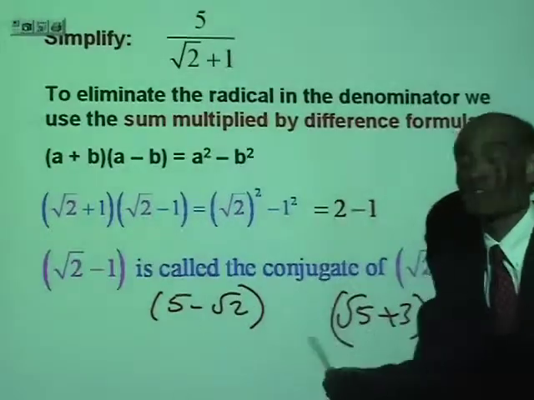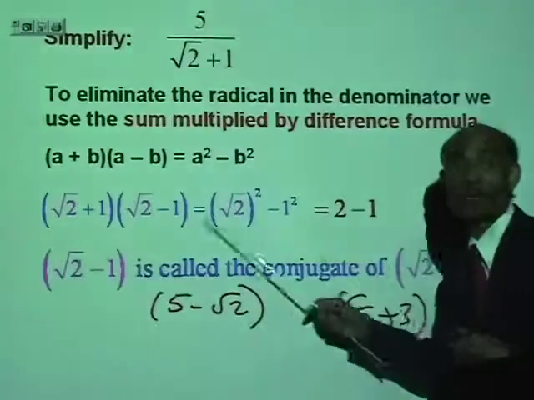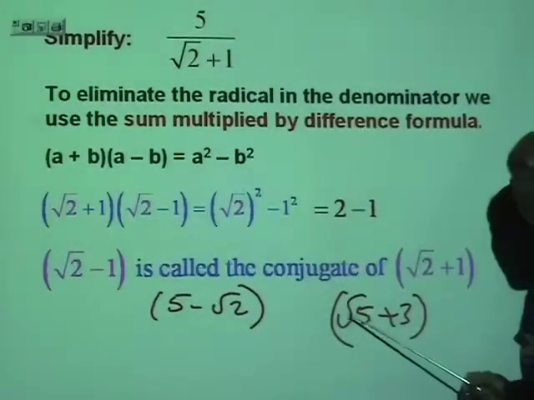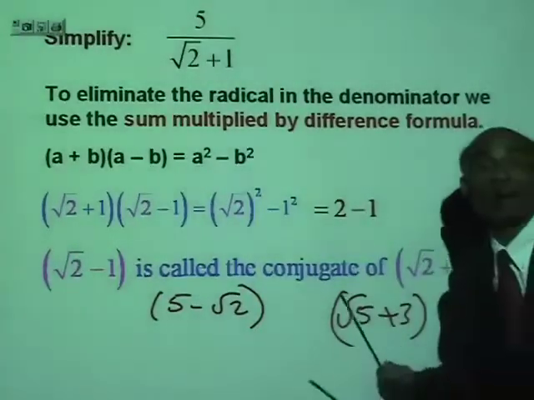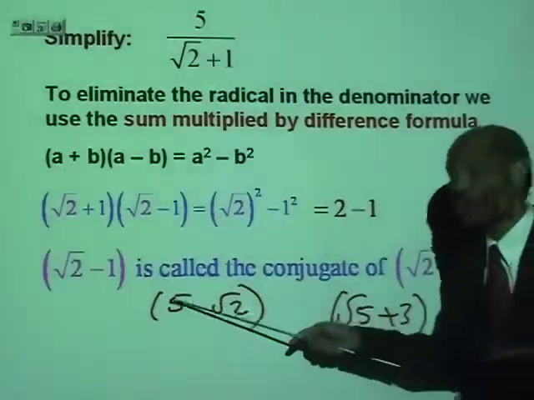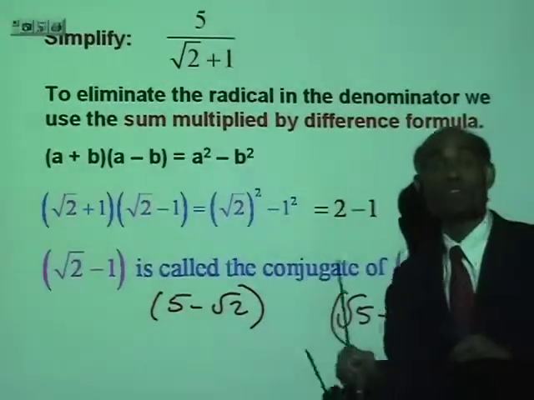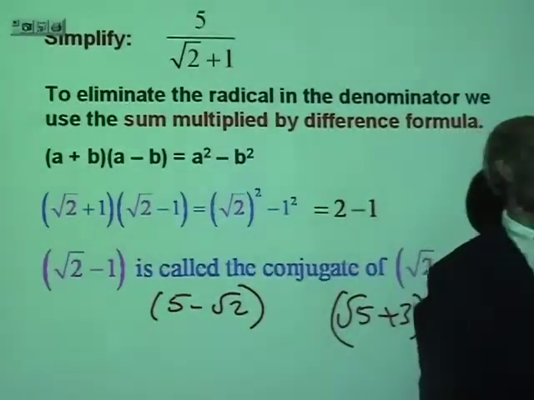I hope you are getting this. The conjugate of √2 - 1 is √2 + 1. The conjugate of √5 + 3 is √5 - 3. The conjugate of 5 - √2 is 5 + √2, and so on.